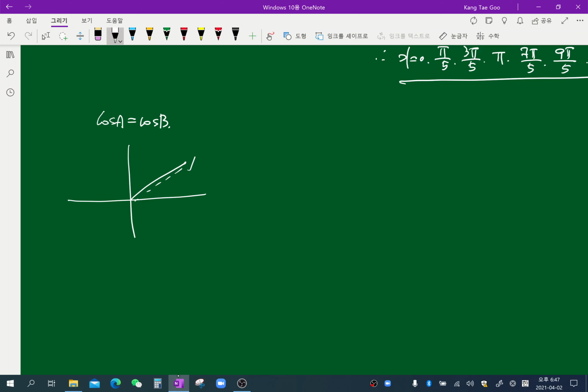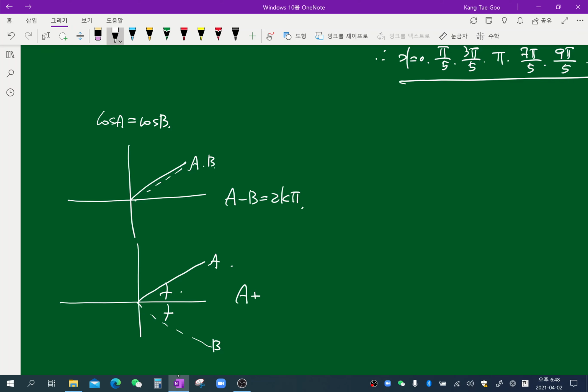Of course, again, both are the same. The coterminal, so that we can say 2k pi. And the other case can be one is here and the other one is on the bottom, right? Those two angle magnitudes are the same. So in this case, once we add those two, then it goes to be even pi.